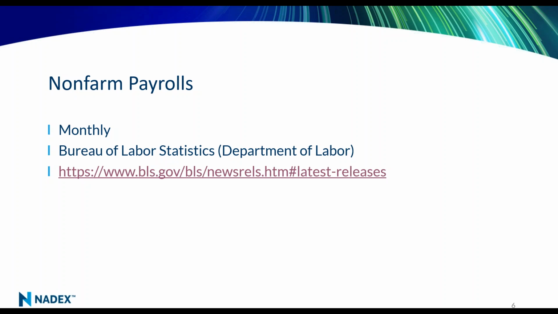There are certain jobs that aren't contained in it, but basically it is just the number of people that are working that aren't farmers in the United States. And that again came out last Friday. That release, I believe, was around negative 20 million for that non-farm release.